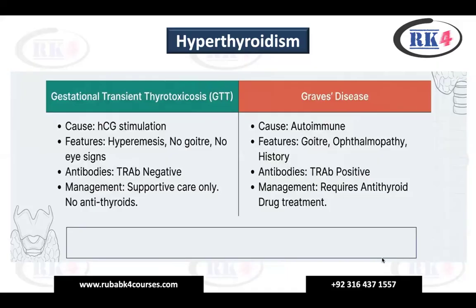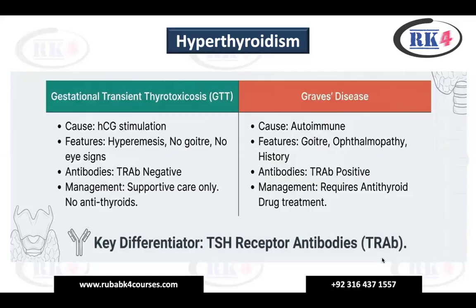So you need to keep this slide in your mind and have a clear distinction between both the conditions. It's very important. The key differentiator of hyperthyroidism is TSH receptor antibodies. If it is present, it's goiter, it's Graves' disease. If it is not present, it's gestational transient thyrotoxicosis.